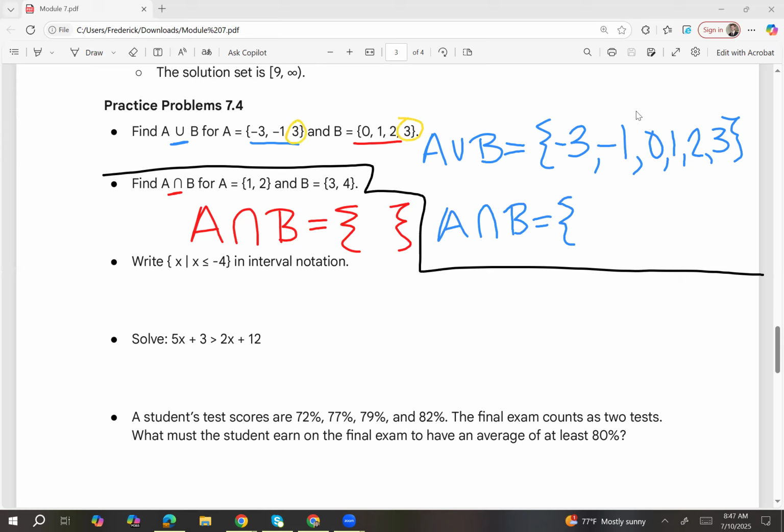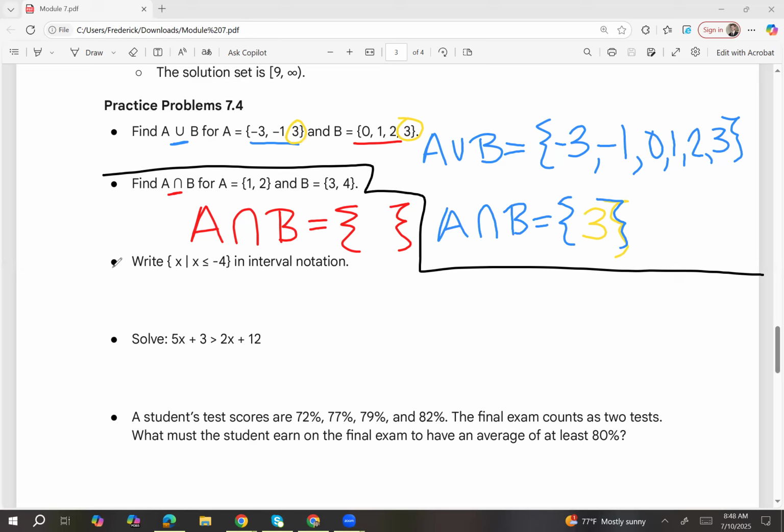And so that is in their intersection for that first example. A intersect B on number 1 of that first example is 3, the set containing 3 in that case. So that's what union and intersection mean.